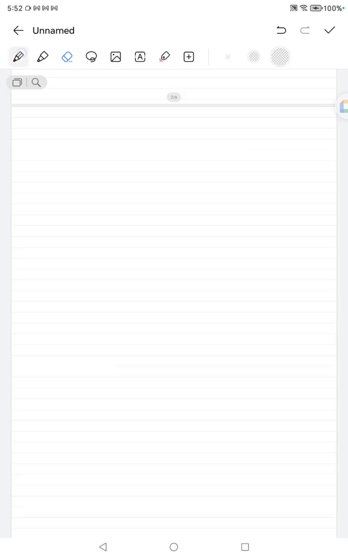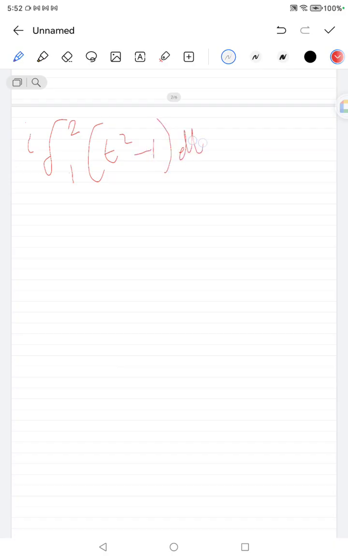You had number 1, which has something that looks like this: t squared minus 1, then dt. With this one you can straight up use the power rule, which says you have 1 over n plus 1 multiplied by x to the exponent n plus 1.